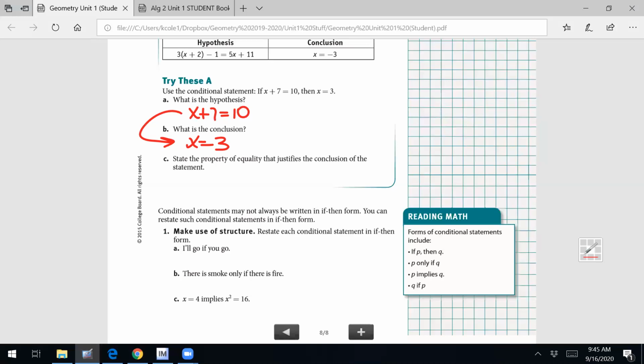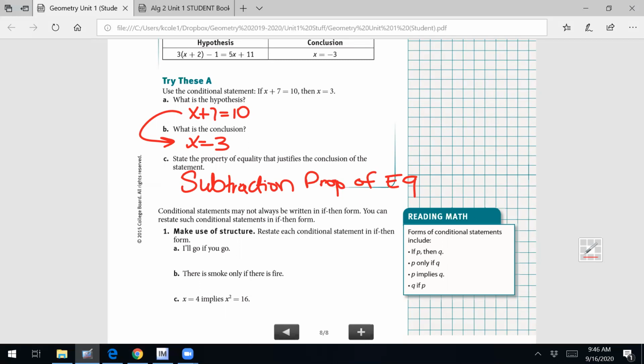Yeah, not addition though. That's right. The subtraction property of equality. Okay, so the subtraction property is what we're going to use because we are going to subtract 7.